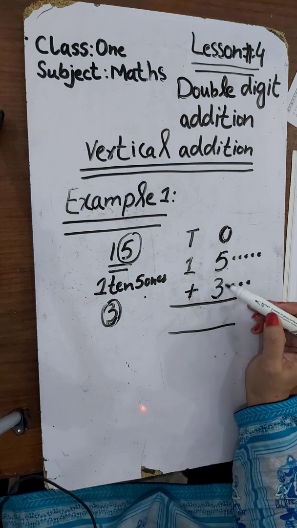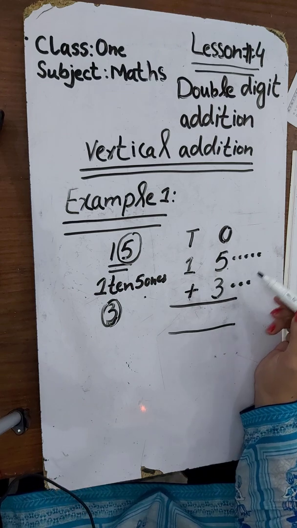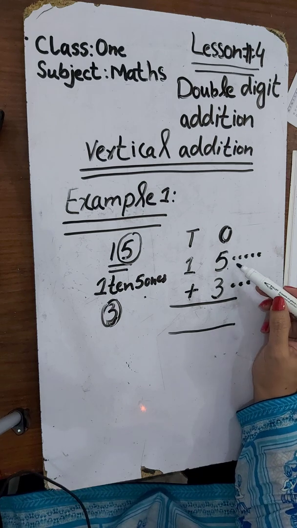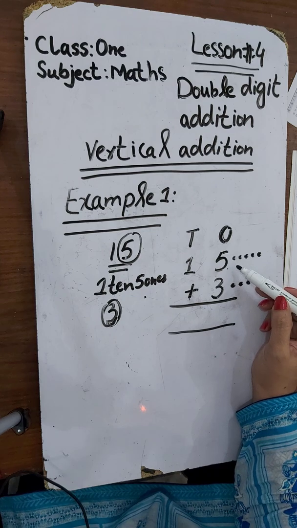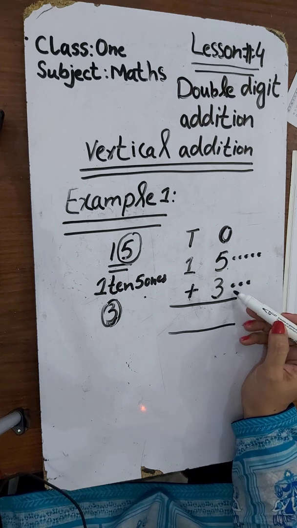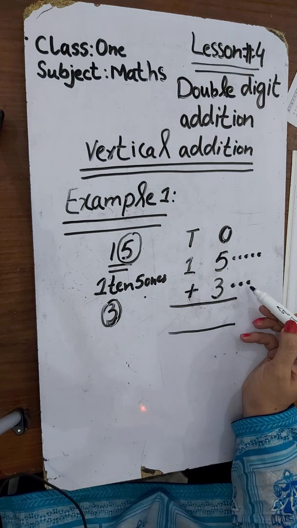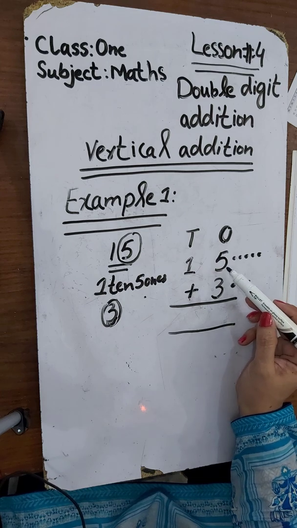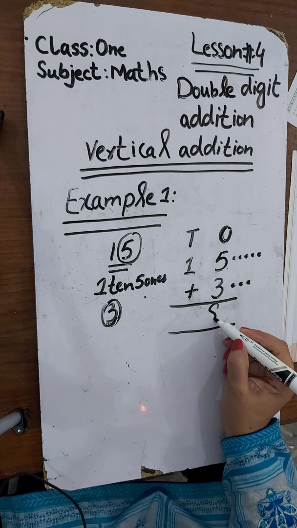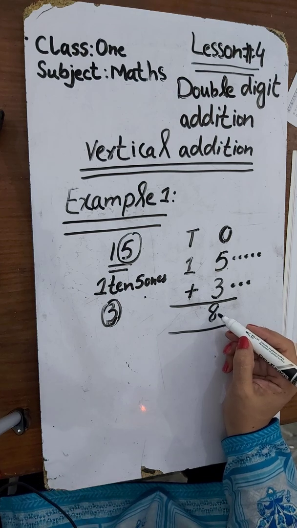So 5 plus 3 is equal to, let's count. 1 2 3 4 5 6 7 8. So 5 plus 3 is equal to 8.